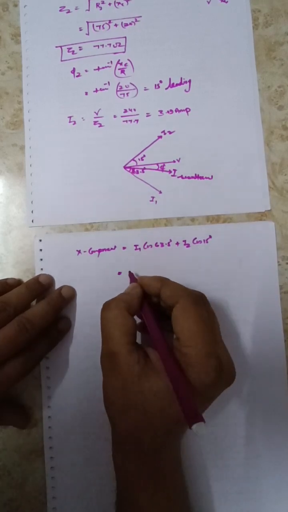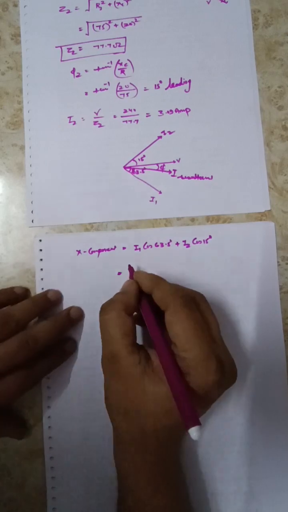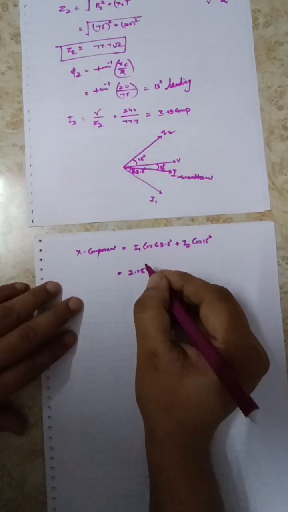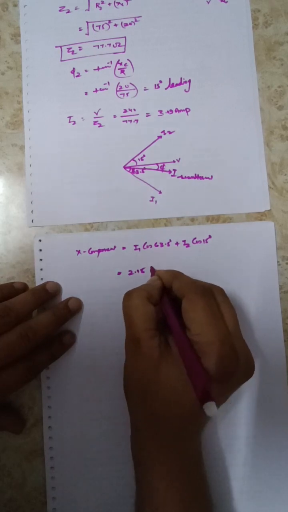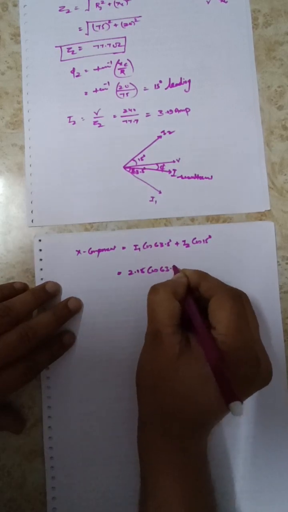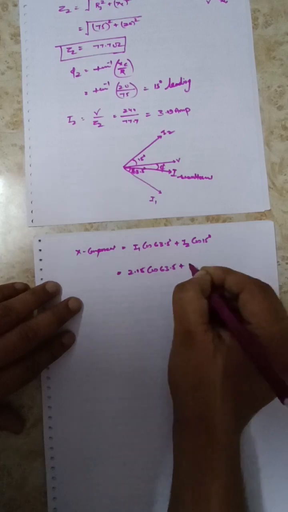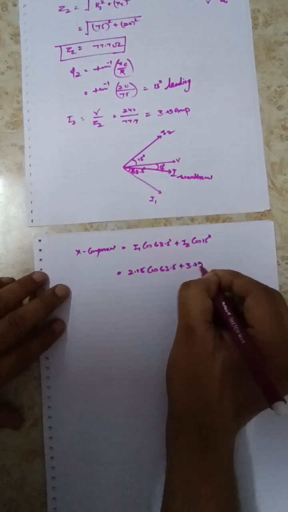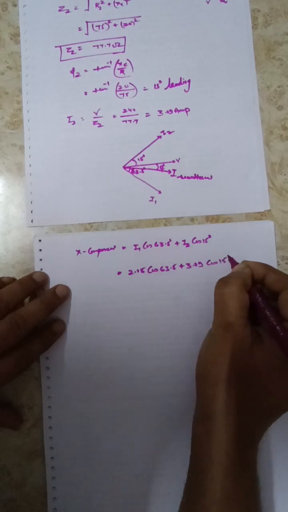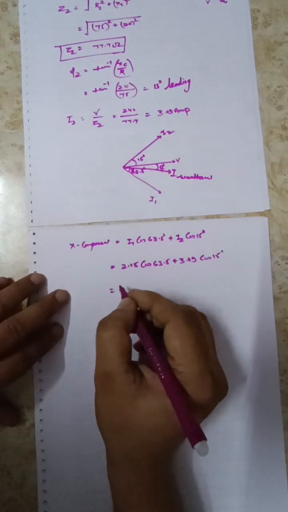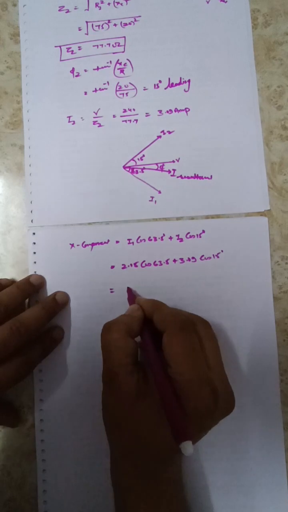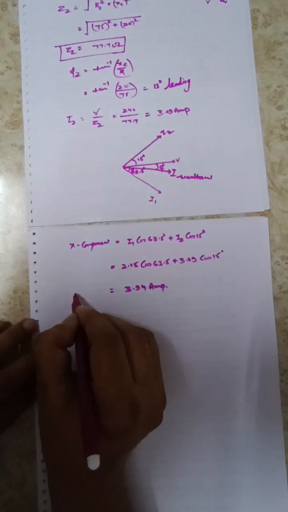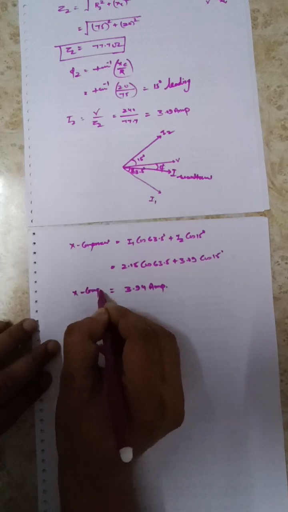What is I1? I1 is 2.15 multiplied by cos 63.5 plus what is I2? I2 is 3.09 multiplied by cos 15 degree. So the result will come out to be 3.94 ampere. Here this will be the x component of current.